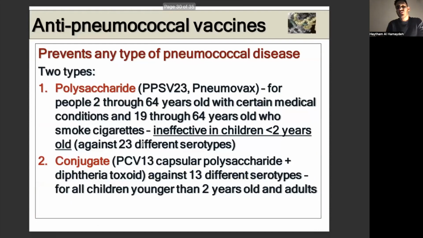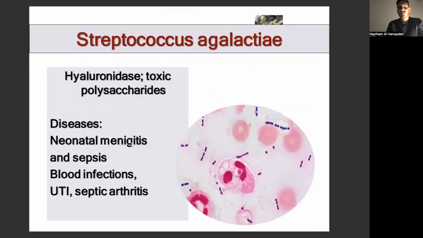Some vaccines that are used against pneumococcal infection are Pneumovax and the conjugate vaccine. And this is what I was discussing about agalactiae: neonatal meningitis and sepsis. Blood infections and UTI are also possible.